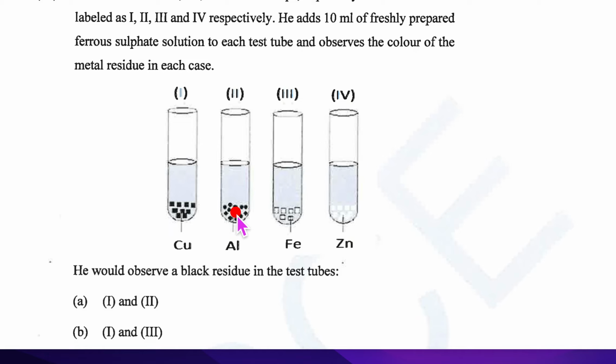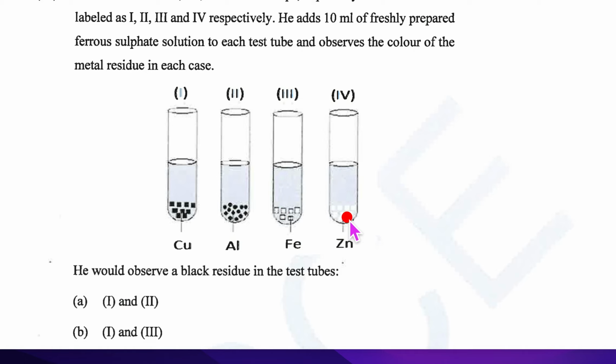But aluminium will, with FeSO4, displace Fe, and Fe will be settling down here, and that will be grayish black in color. This is iron, and we place iron only in iron sulfate, so iron sulfate will not have any reaction. This also will be black.